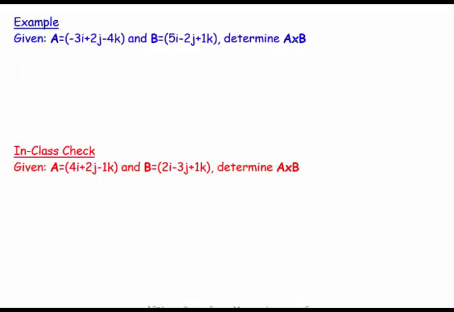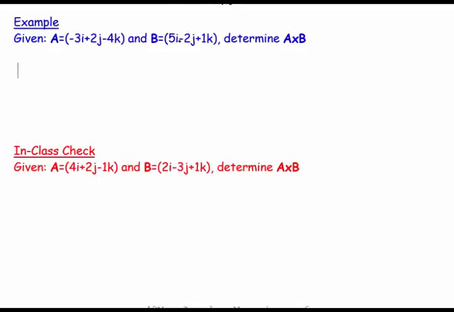A good example of using a dot product would be using force and displacement to determine work, and a good example of using a cross product would be using force and displacement to find torque. So we're doing the latter. We're trying to use a cross product.